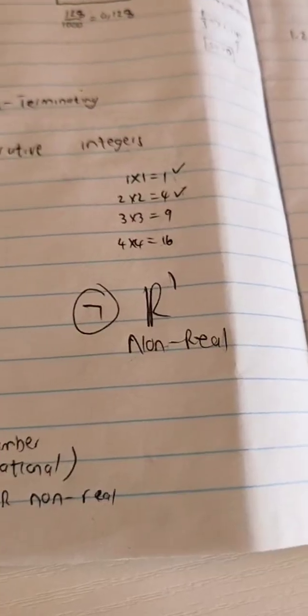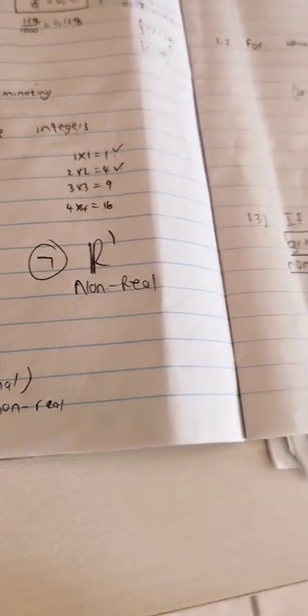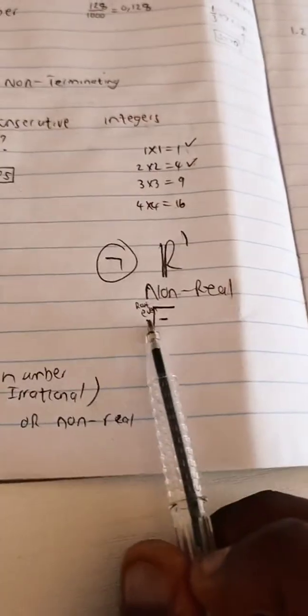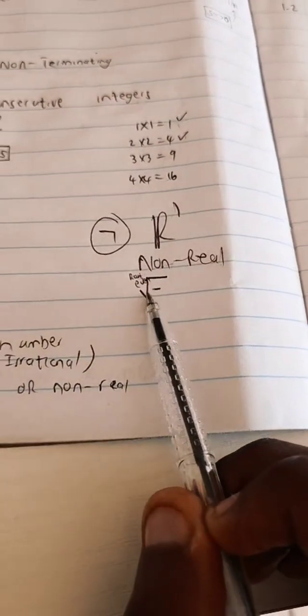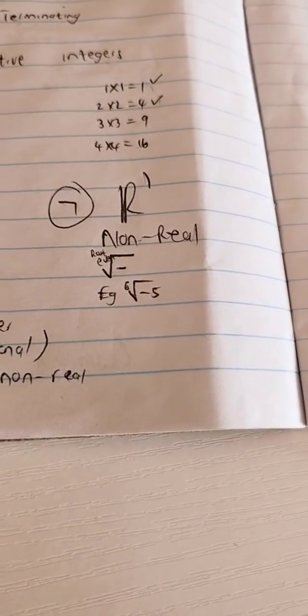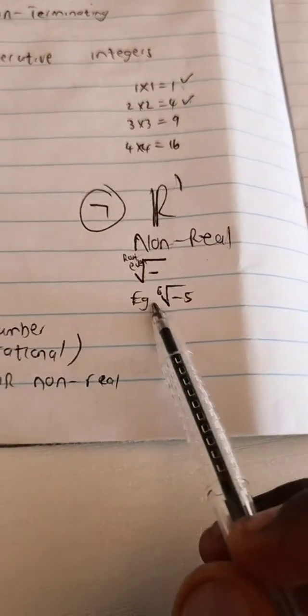Non-real. Okay, and remember, non-real numbers are all the negative numbers inside an even root. So for example, negative 5 to the power 6, to the 6th root, a negative number inside an even root, we say that's non-real.